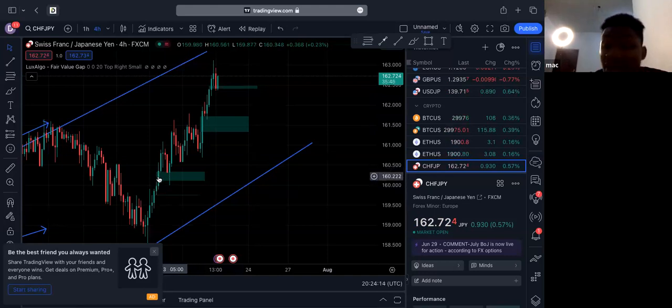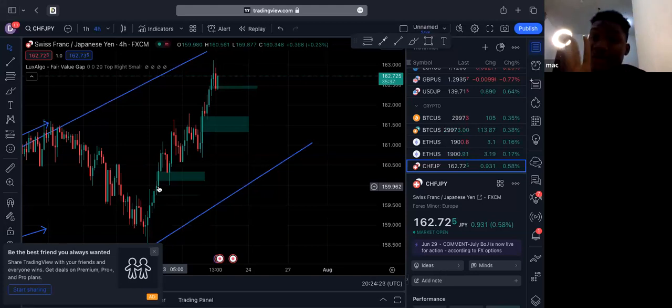This middle candle is irrelevant. Let me say that again. To determine fair value gap, there must be 3 candles. Whether it's green candles or red candles, there must be 3 candles.